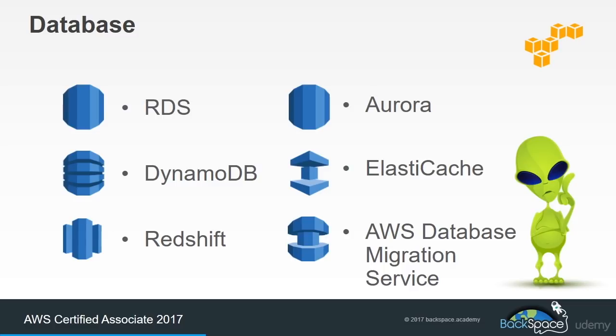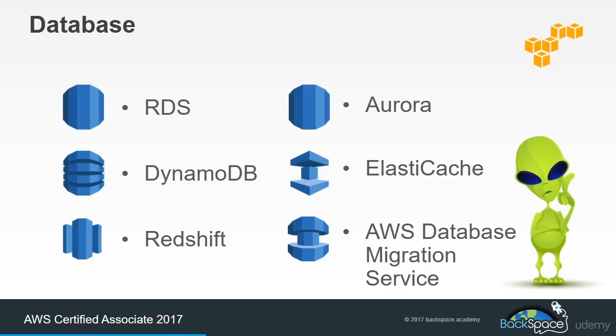Amazon Redshift, now that is the data warehousing solution for AWS. It is a PostgreSQL database engine that has been modified for use on AWS and modified to provide high performance with petabyte scale data.